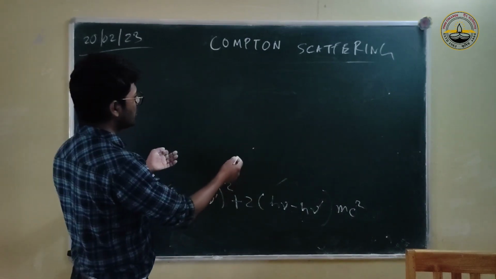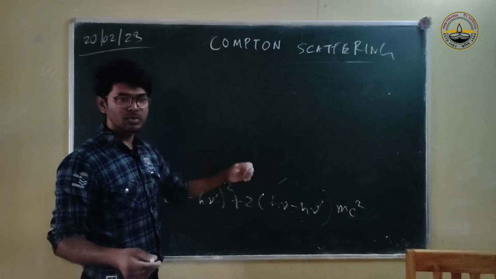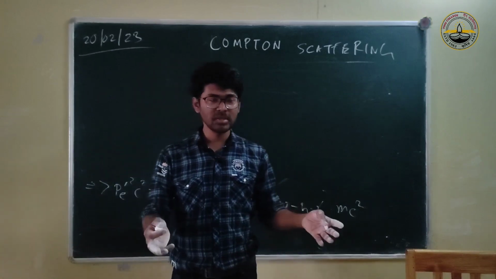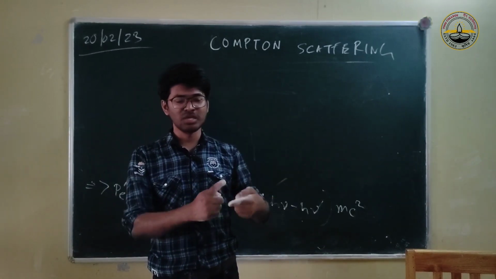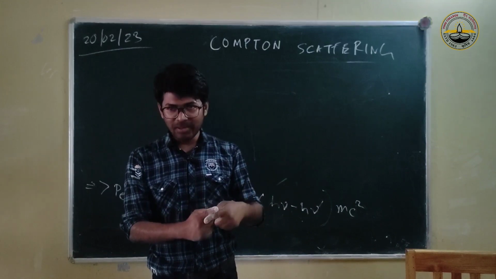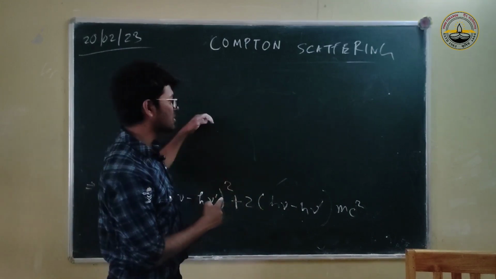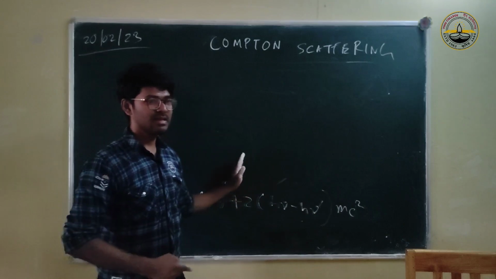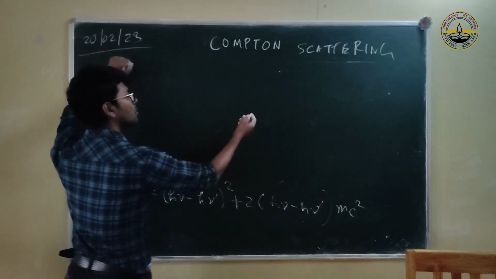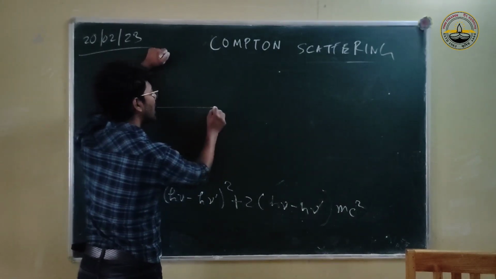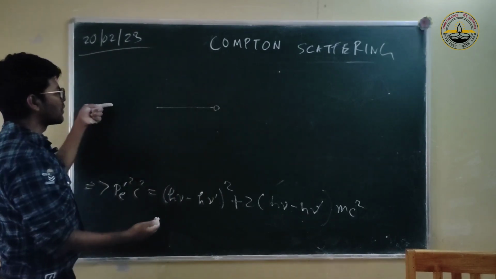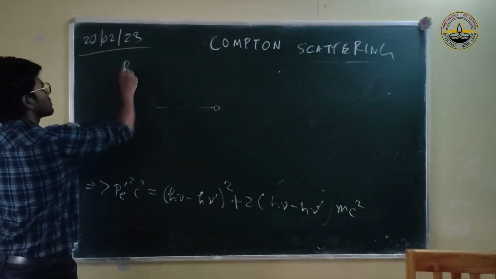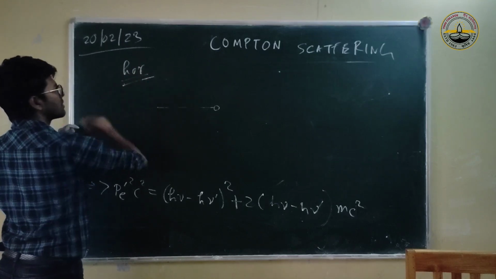Again, what will you use for the momentum is momentum conservation. Of course, momentum is a vector, so you have to check its conservation in two perpendicular directions. Independently, it has to be conserved in this direction and in this direction. Initially we had no movement in this direction. Electron is at rest and the photon is moving in only this direction, so horizontal direction.